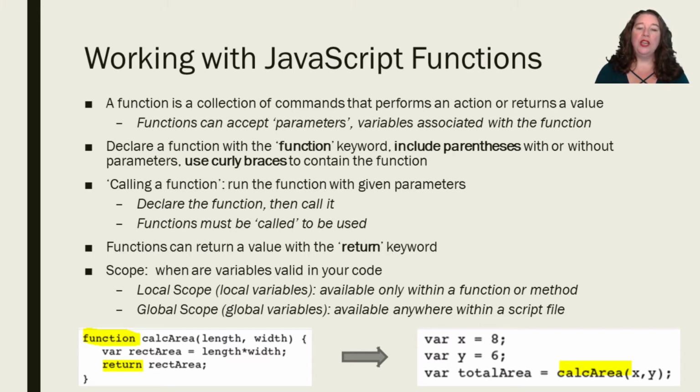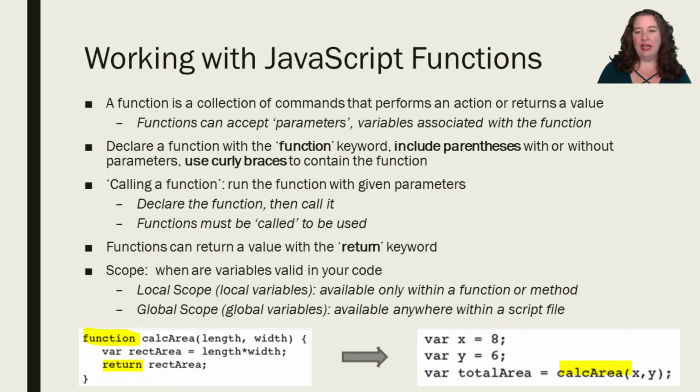Recognize when you create a function, you have to call it. So in the example here, after we've written our function, our name, and our parameters, we use curly braces to contain all of the commands that we're going to put inside here. And if we choose to, we can use the return keyword to return a value. As you can see, when it is being called or running the function, we can give it the parameters.